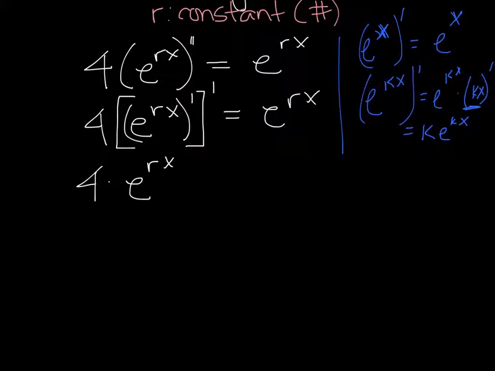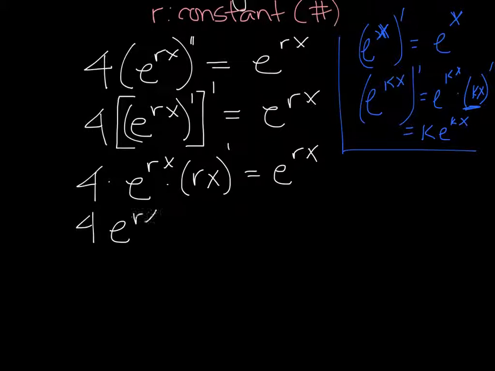Okay, so let's continue the differentiation process. So e to the rx times rx prime. So we have 4e to the rx times the derivative of this guy, right?